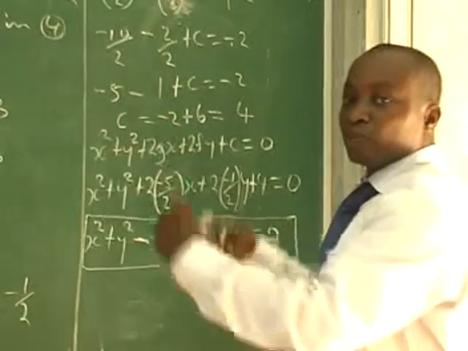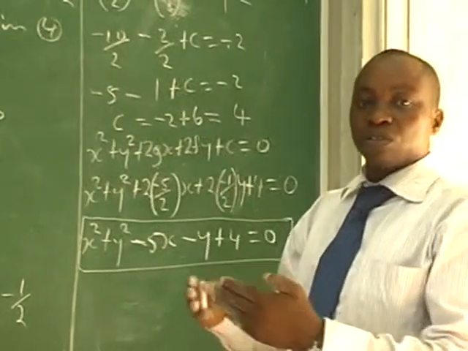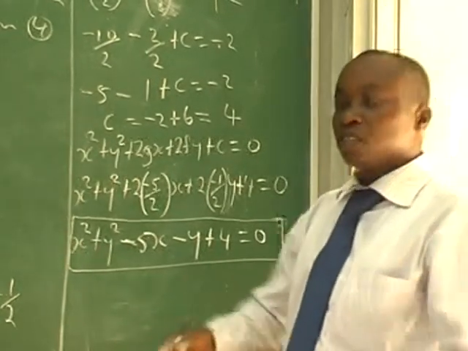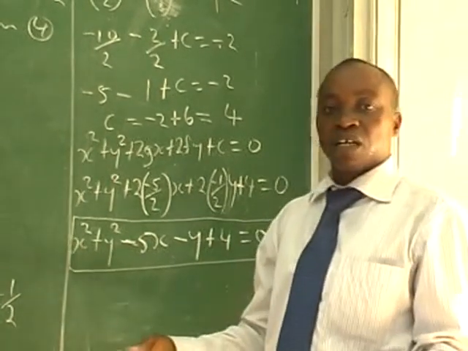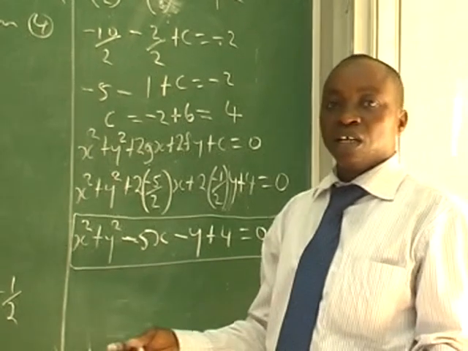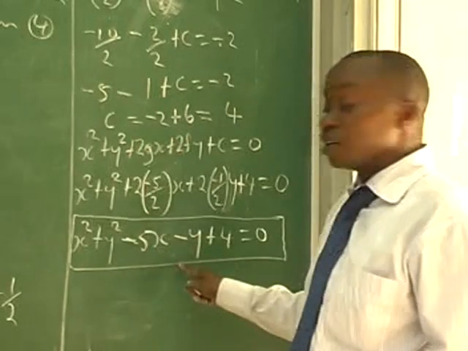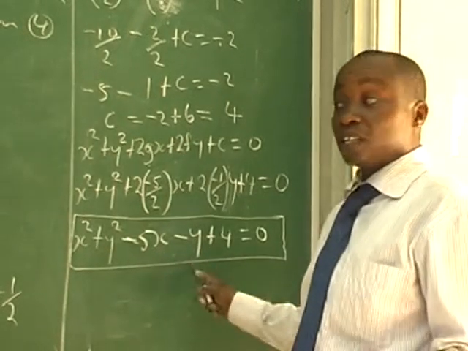Then you pick another 2 points, get the midpoint, and also find the gradient of the points. After finding the gradient, you find the equation of the perpendicular line, and then you solve these 2 equations simultaneously. You arrive at this particular point. You can use that.